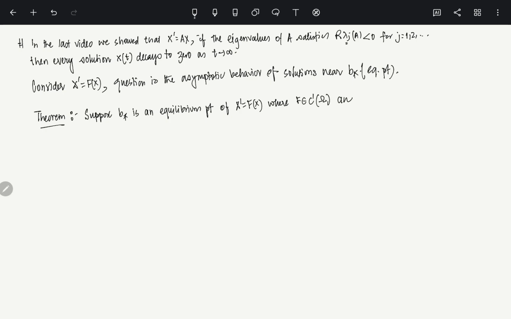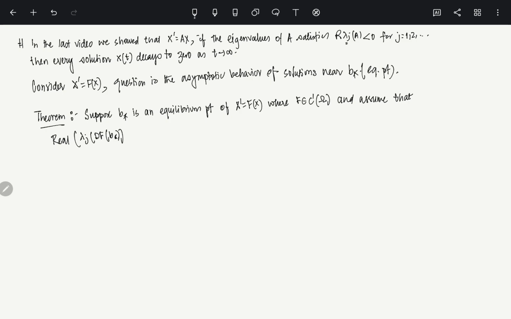And assume that the real part of the eigenvalues, so you look at the eigenvalues of df star. What is df star? It is basically the derivative of the function f evaluated at b star. Let me write it like b star.